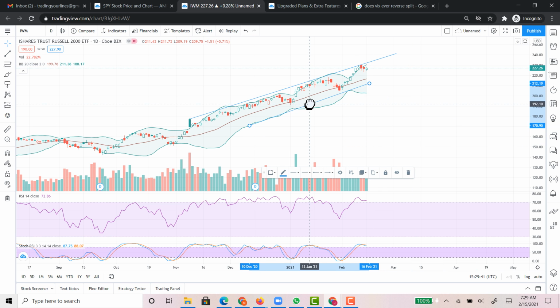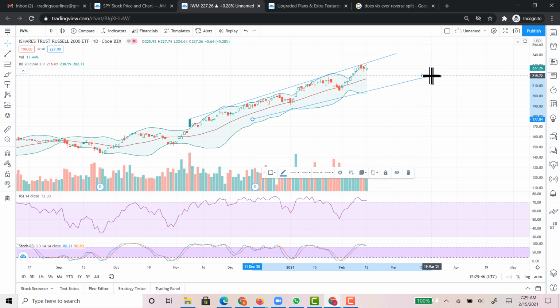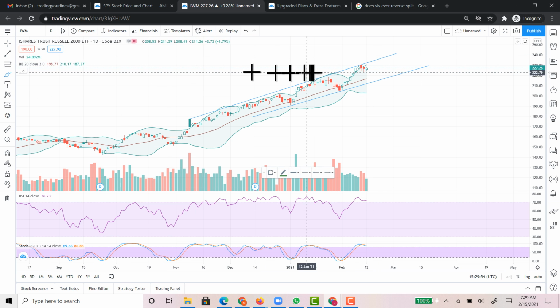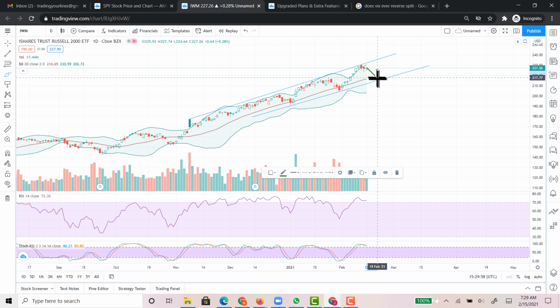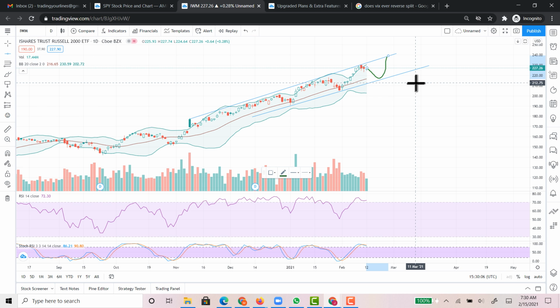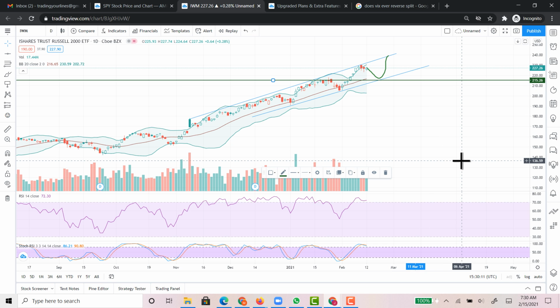So here is the line of support, what you can expect from the IWM. Come back and test this channel and bounce higher, which means you have to wait for a pullback and then climb up, which is also bringing your support line at 215.26.